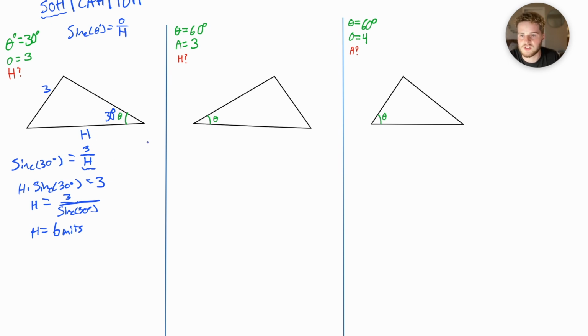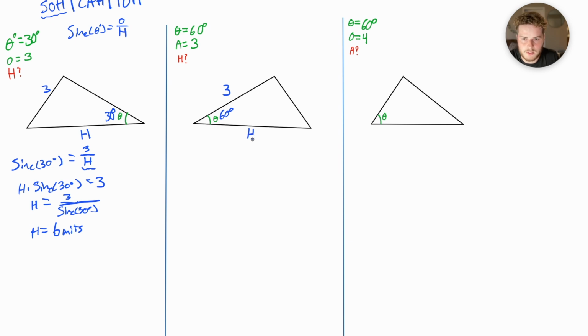So let's go on to the second example here. Now we have an angle given to us, and that would be 60 degrees. We know that the adjacent side is 3. We can see that this side down here is the hypotenuse. So we'll say that the adjacent would be 3 right there, and we want to find the hypotenuse.